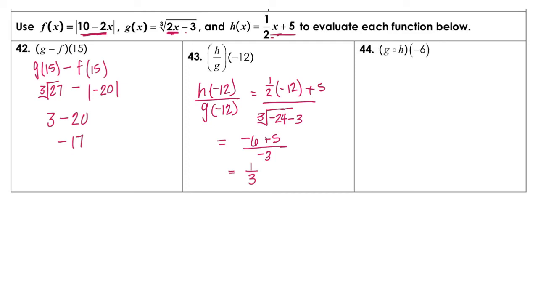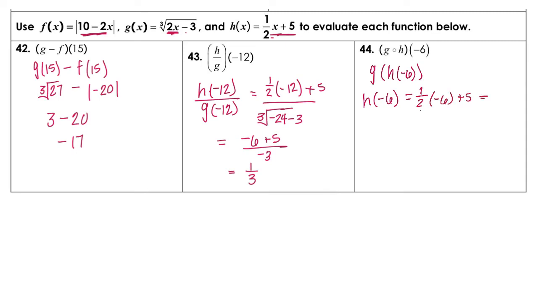And finally, number 44, we need to find g of h of negative 6. So first thing, find h of negative 6. And so we're going to have 1/2 times negative 6 plus 5.